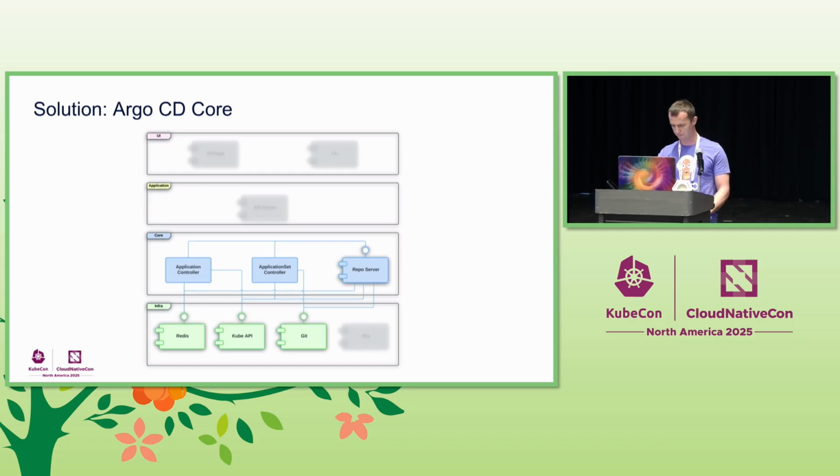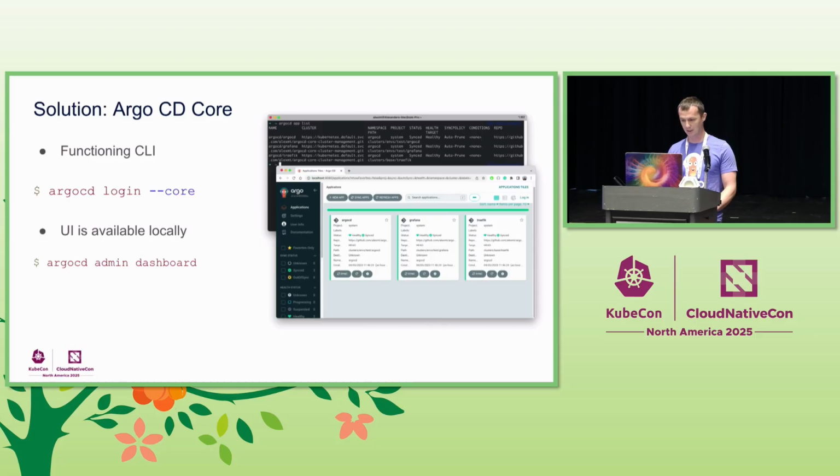So Argo CD Core is not only a distribution, it also has two features that let you get almost the same Argo CD experience as you get with a full installation. You can run a CLI command that configures the CLI to use Kubernetes directly.